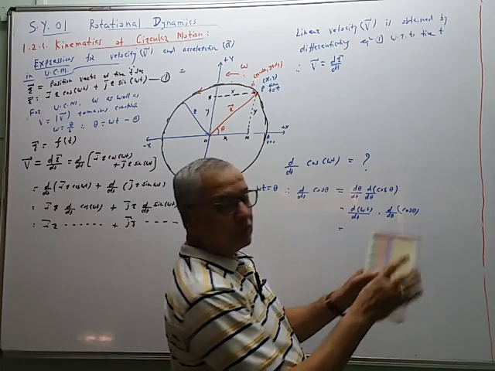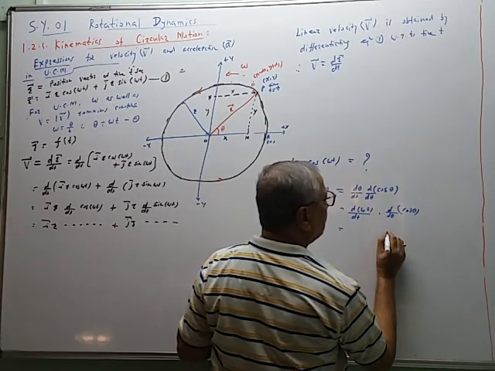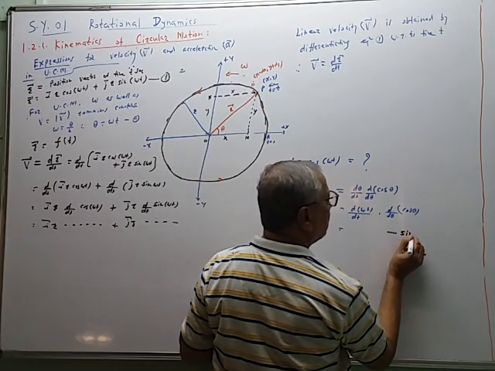Cos theta has the derivative minus sin theta.